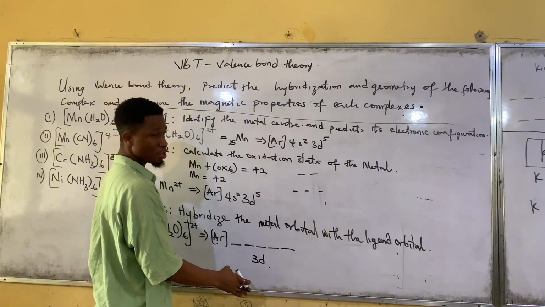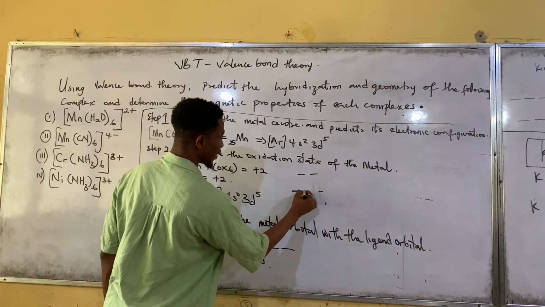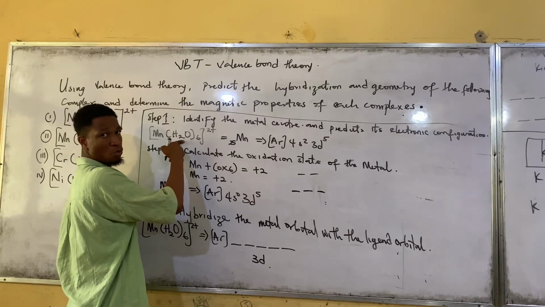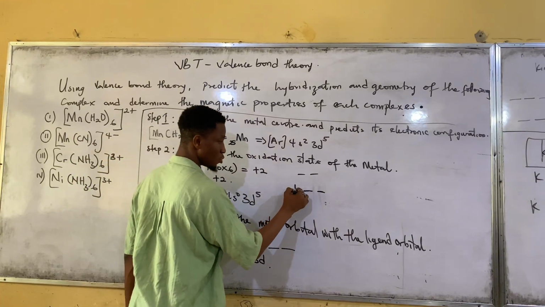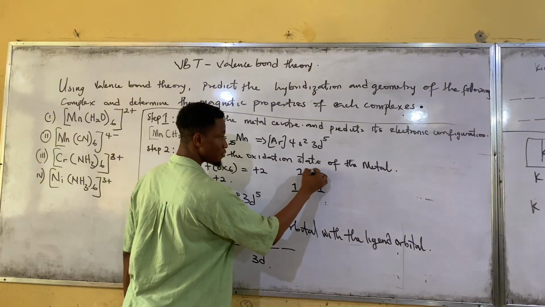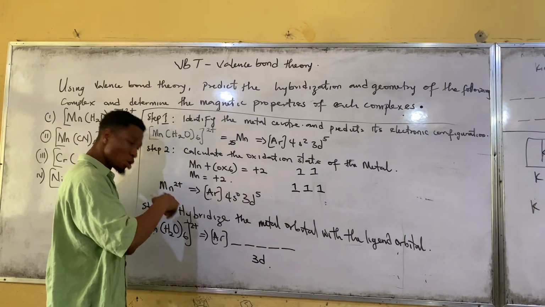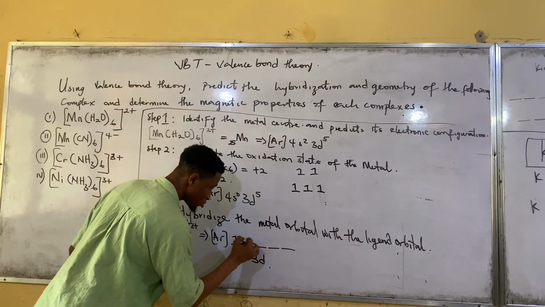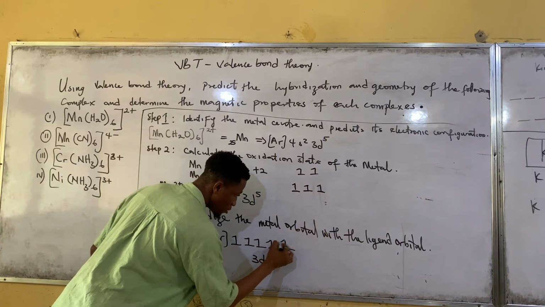But we will still apply the method that we used before. Remember, when we had a weak ligand, that's another thing you take note of. We have a weak ligand now, right? When we had a weak ligand, how was the filling? 1, 2, 3 for a d5, 4, 5, right? You still go 1, 2, 3, 4, 5.